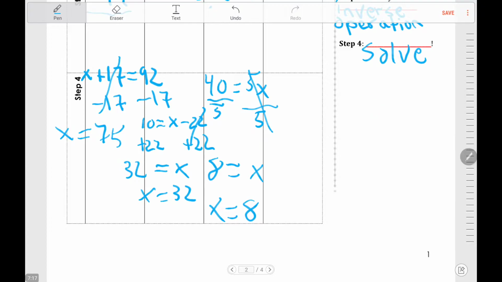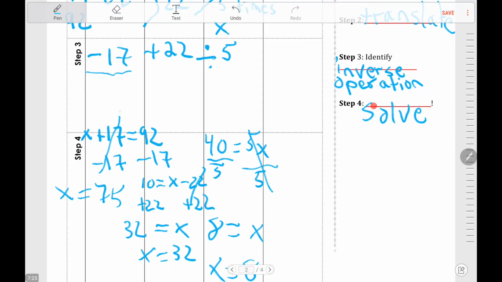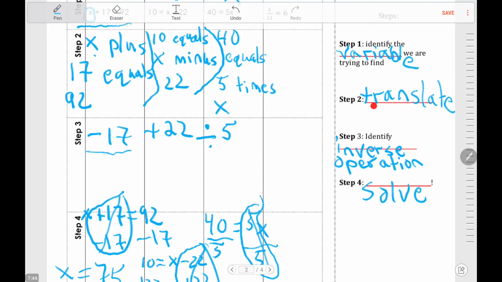X equals 8. Okay, so remember, just to reiterate, when we had plus, we did minus. When we had minus, we did plus. And when we had times, we did divide. Okay, that's really the key to this whole thing.